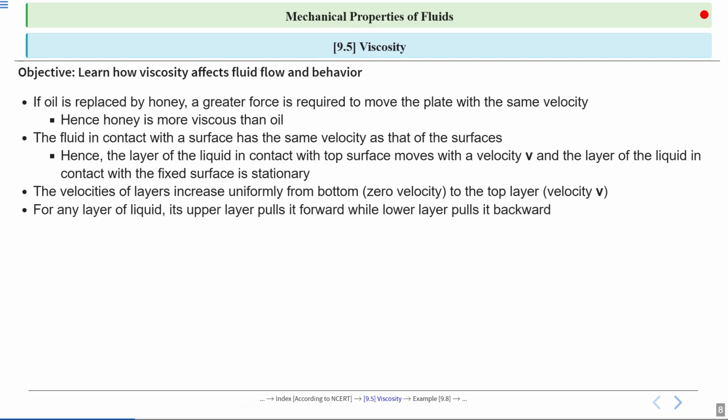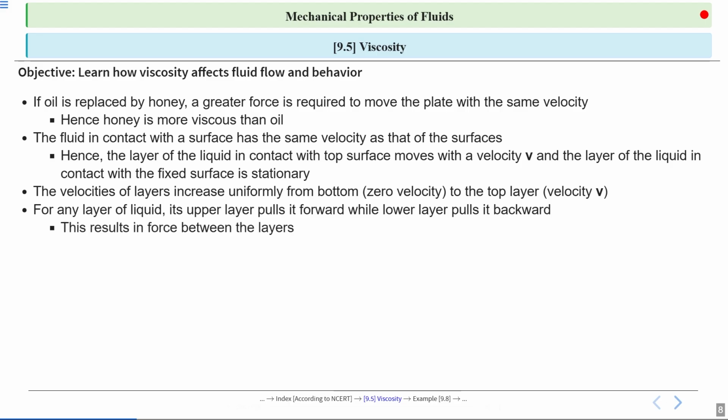For any layer of fluid, the layer above it tries to drag it forward, while the layer below tries to slow it down. This tug of war between layers creates an internal friction or viscous force within the fluid. It's this internal friction that we measure as viscosity.